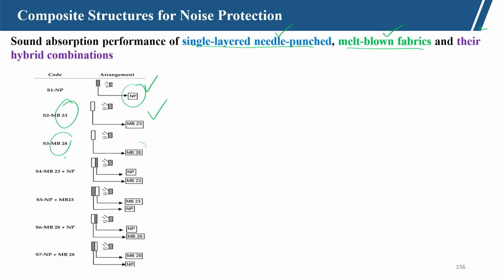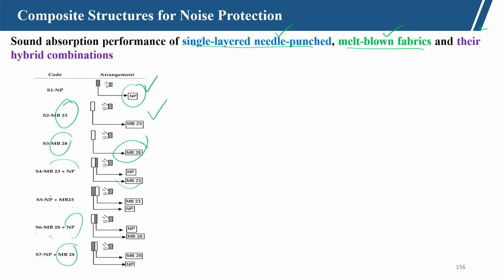S3 is only melt blown with 28 screw speed, S4 is melt blown 23 plus needle punch, first melt blown, then needle punched, S5 is needle punched and melt blown 23, S6 is melt blown 28 and needle punched, and S7 is needle punch and melt blown.